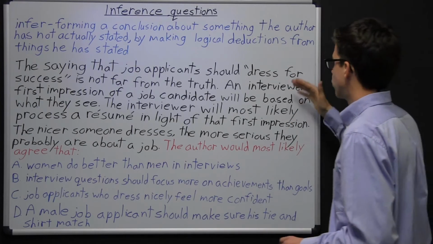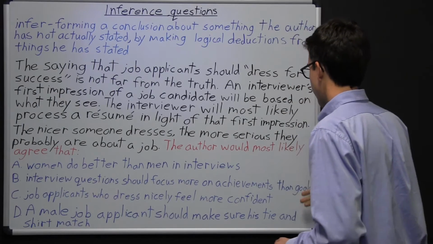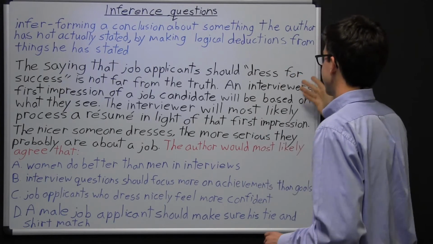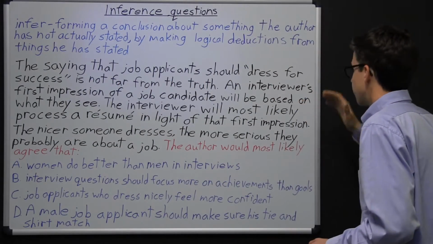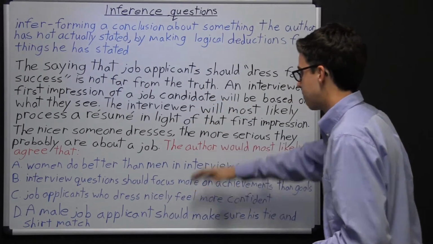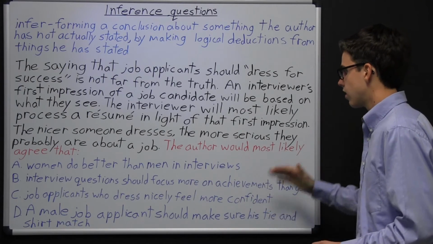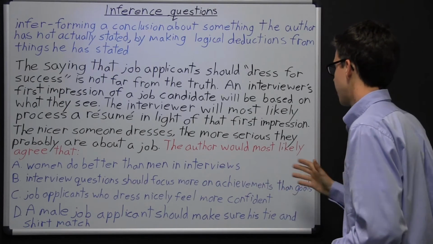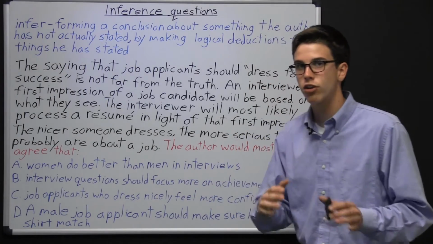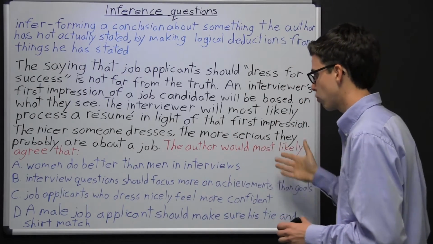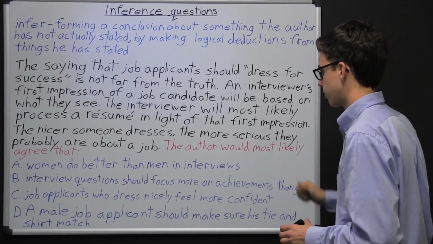Because you think, if you dress for success, then you'll be more confident. That may be what this phrase is kind of saying, is that you'll feel more confident if you dress for success. But nothing else in this passage backs up C. Overall, this passage is not about the job applicant feeling more confident. It's more about the impression their dress gives to a potential employer or the interviewer.